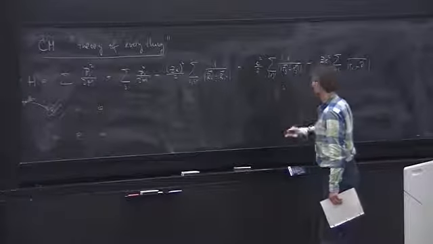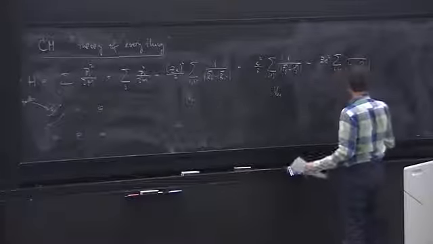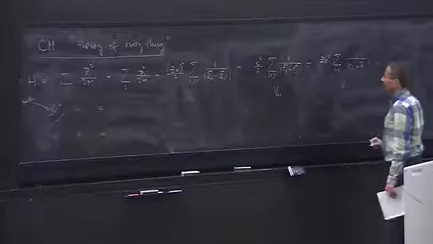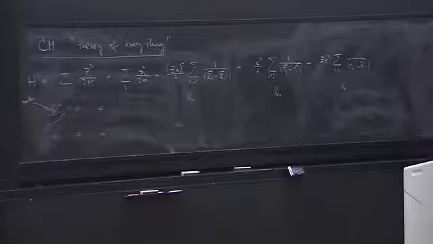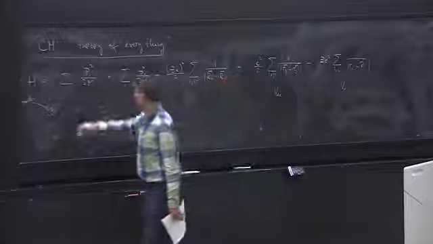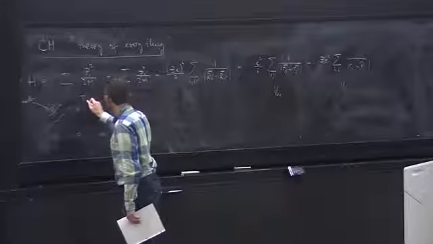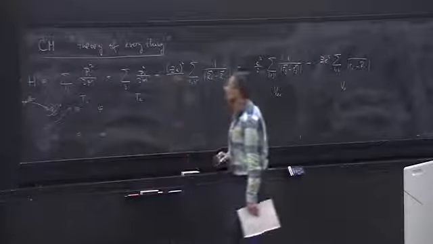This will be a term that is the interaction between electrons. And this is the interaction between electrons and nuclei. Okay? These are the kinetic energies. Sometimes we call this T_I and T of electron.